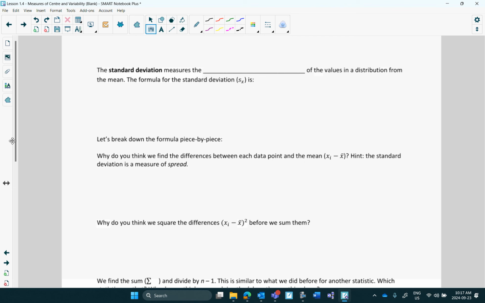So it's the typical distance, that's a measure of spread. If we have an idea of, on average, how far each value is from the mean, that gives us an idea of how spread out the data is. Obviously, the bigger the number, the more spread out the data is. The smaller the number, the tighter the data is.